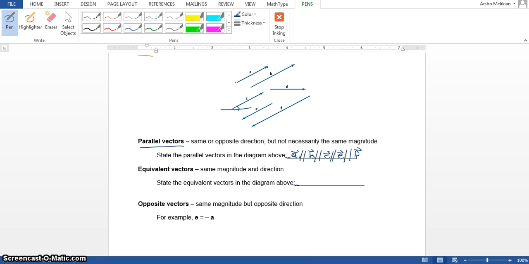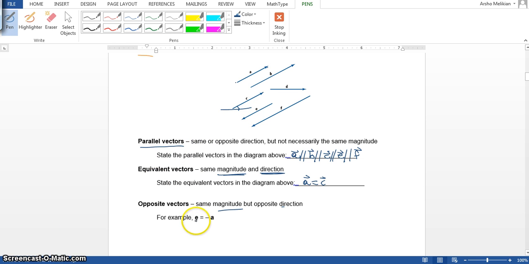Equivalent vectors have got to have the same magnitude and the same direction. So in this case, for example, A and C are equivalent vectors. And B? No, not B, because it's not the same magnitude. Opposite vectors have the same magnitude but opposite directions. So for example, C and E have the same magnitude but are going in opposite directions.